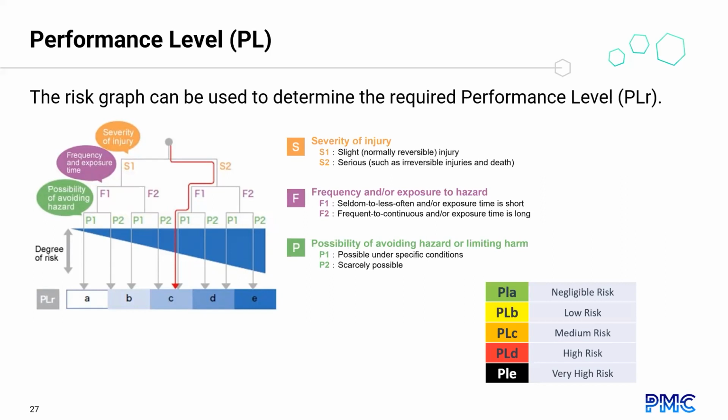Severity S1 means slight injury that's normally reversible, like a scratch, bruise, laceration, minor health effect, a cut, or minor burn, for example. Severity S2 is serious. It can be an irreversible injury.